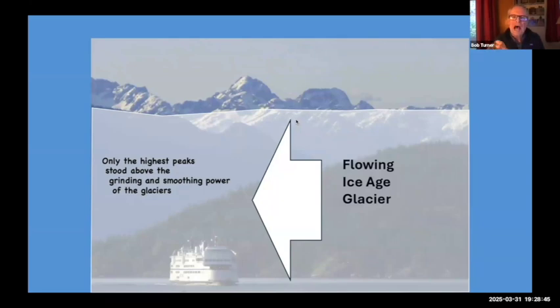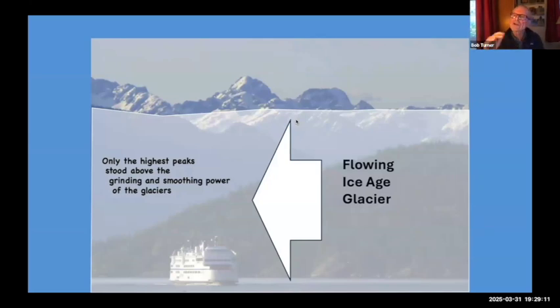Only the highest peaks stood above the ice, and those are the ones that retain their craggy shape. Everything else was molded. And the lower the elevation the surface was, the more it was smoothed and rounded, because that meant the ice was thicker, overriding that and had more weight to do the grinding.